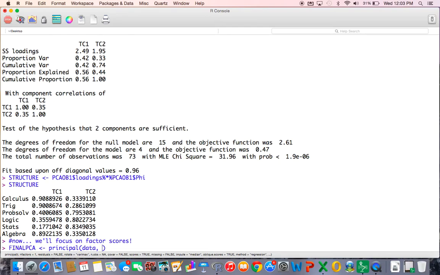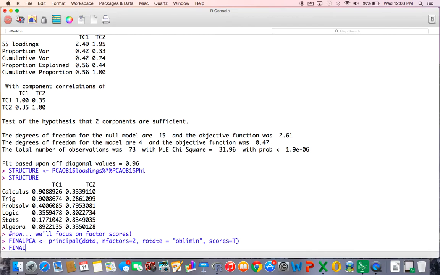Data. So we know through all of our hard work that we went 2 factors. We know from the correlation matrix between component 1 and component 2 that we have reason to believe that we need an oblique rotation. But now we want to include our factor scores.